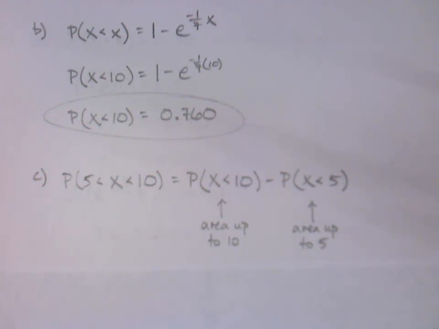And to help make sense of that, really what is this first one doing? It's all of the area up to 10. Then we're going to subtract all of the area up to 5. And that's going to leave us with exactly the red highlighted area that you see in the lecture. Just the area between 5 and 10 will be left.